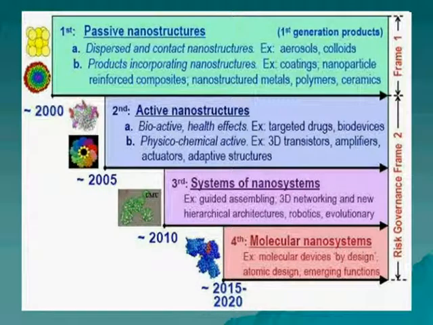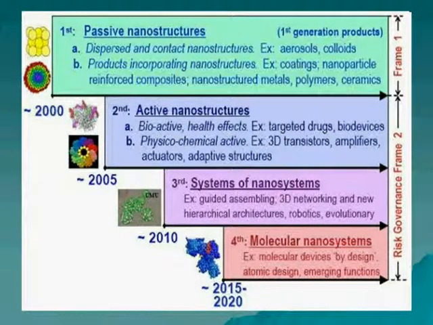The third generation contains systems of nanosystems, like guided assembling, 3D networking, new hierarchical architecture, robotics, and evolutionary. And the fourth one is molecular nanosystems, for example molecular devices by design, atomic design, and emerging functions. This is to be considered between 2015 and 2020.